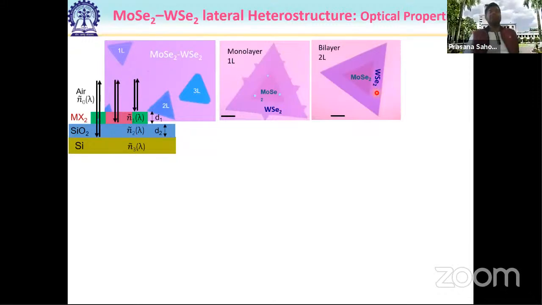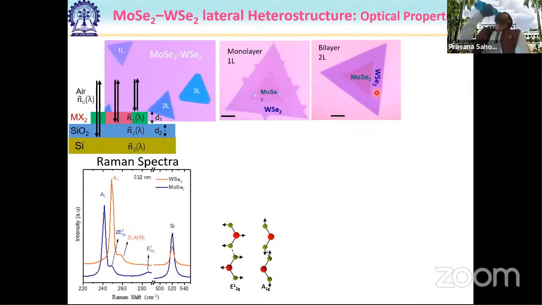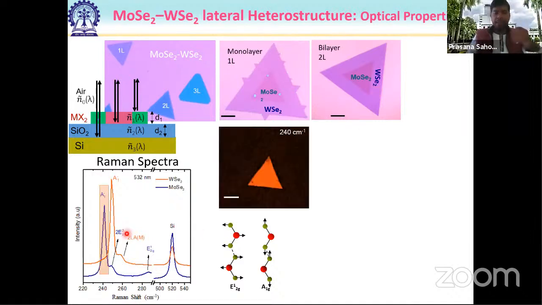In the scientific world, nobody can trust you if you simply say that it is a monolayer or bilayer. How can you prove that? You can use the Raman microscope. As I mentioned, Raman measures atomic vibration.